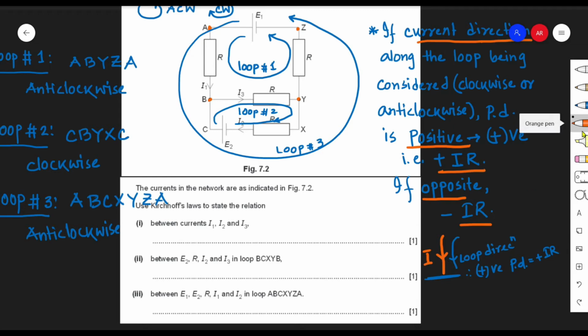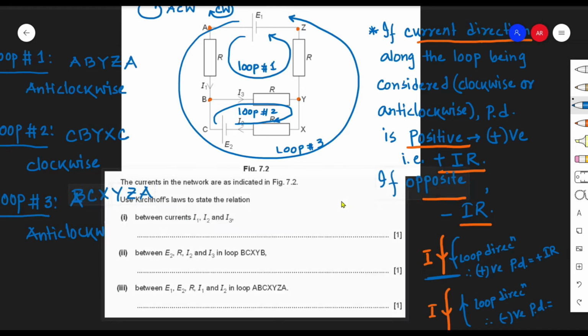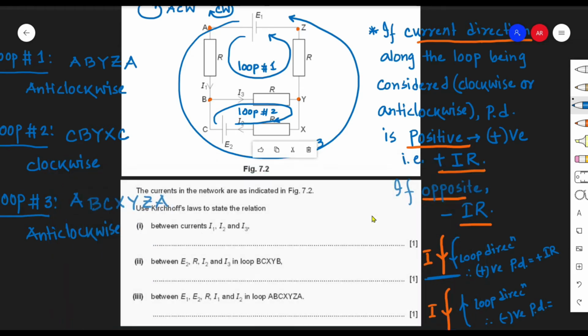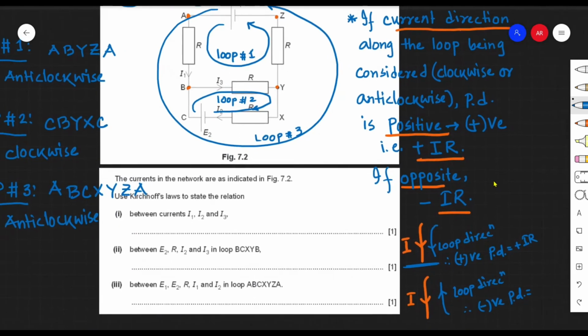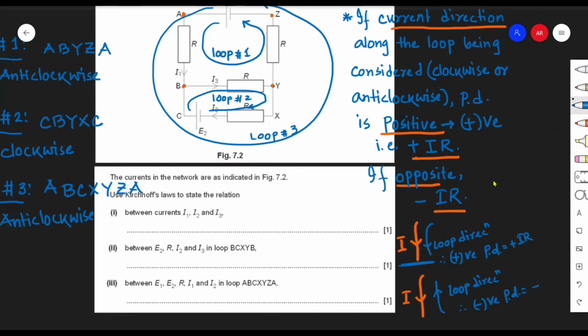If it is in the same direction, we will get the positive PD across the resistor R. But if the current direction is opposite to the loop, suppose I chose the loop in the opposite direction to the current, then we have to consider the PD across the resistor as negative, which means it is negative I times R.